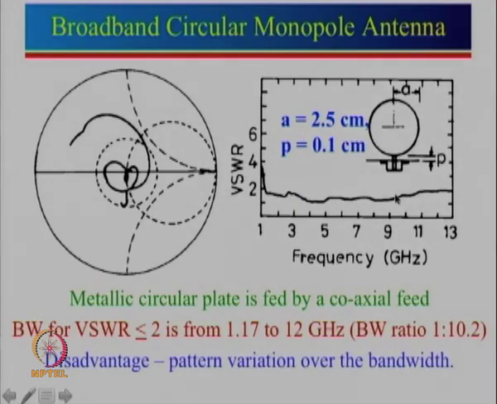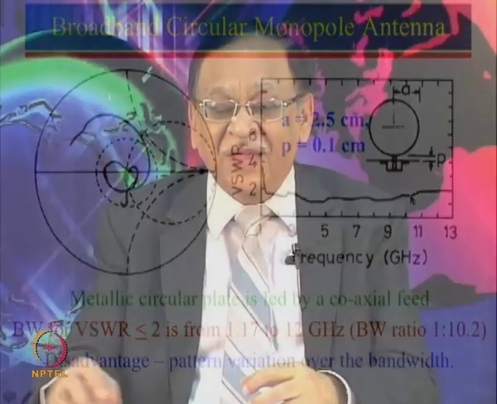What we thought about is this: think of this antenna from a microstrip antenna point of view. So think about this monopole antenna with a ground plane, but now we will explain this entire thing from a microstrip antenna point of view. Let us say we have a circular patch and there is a ground plane.